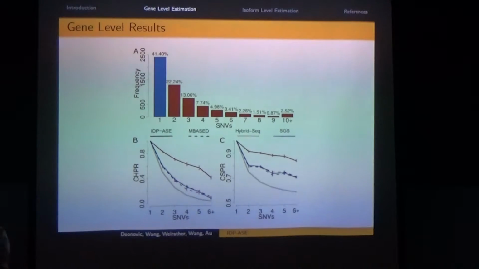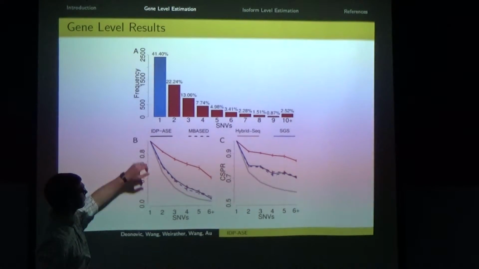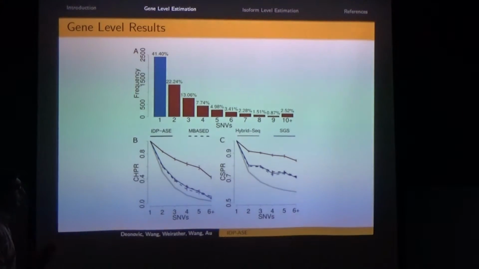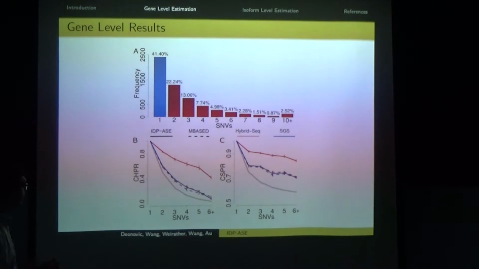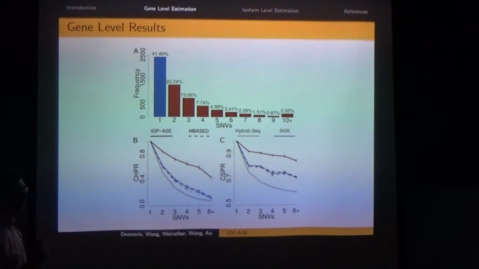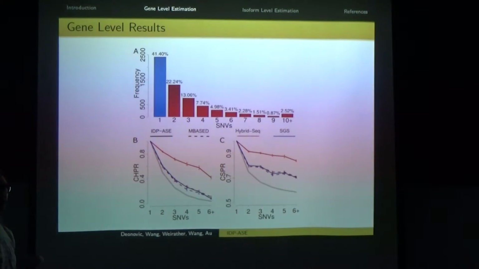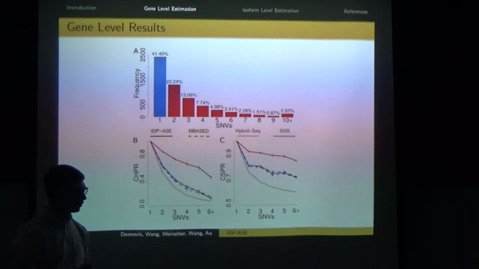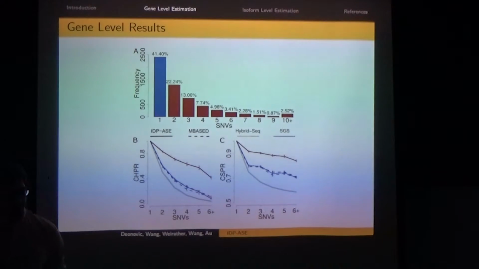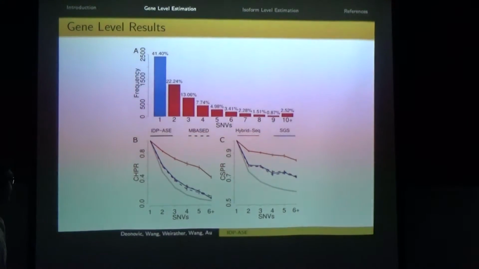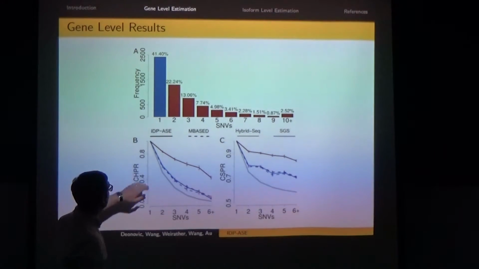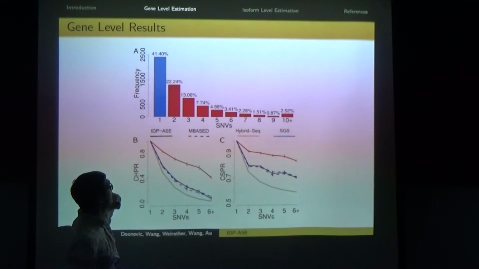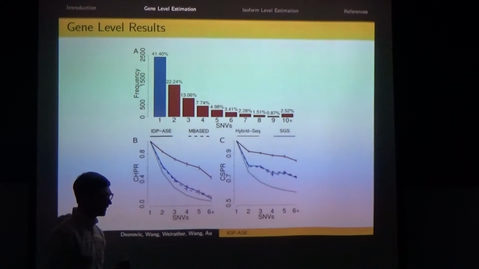So this first plot up here on the top is data from the GM12878. It is the distribution of the number of variants within genes. So this plot shows the importance of utilizing a method like IDP-ASE. As you can see, a lot of genes only have one variant in them, about 40%.